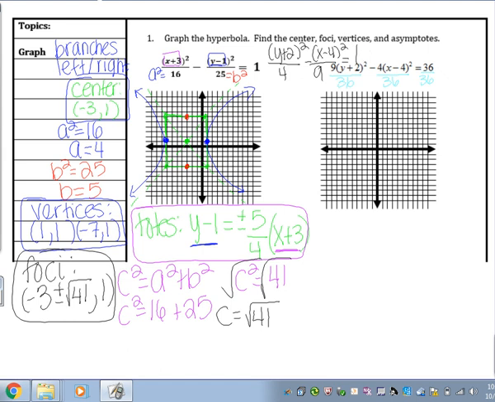Now make sure you're careful with your center here because h is with x, k is with y. So make sure you're conscious about that because people will always flip those, all right? So your center here is 4, negative 2.